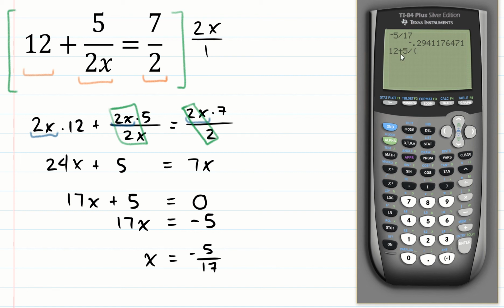So I've got 12 plus 5 divided by, and then I have open parentheses 2 times that fraction, close the parentheses and press enter. It should be 3.5, it is 3.5. And 7 divided by 2 is also 3.5.